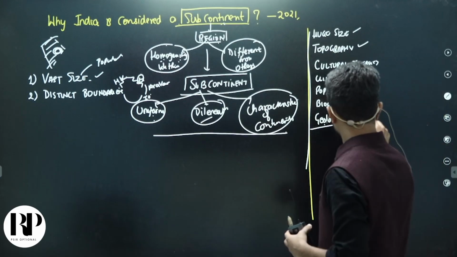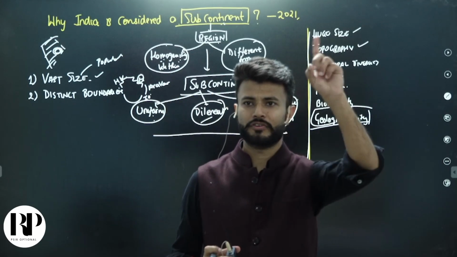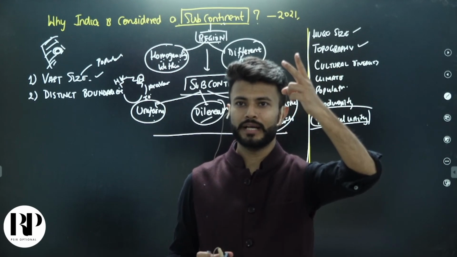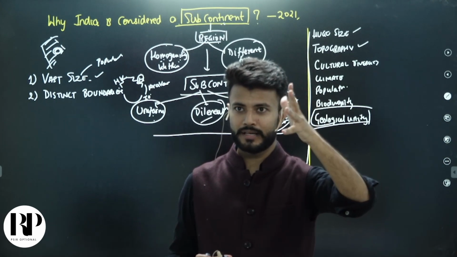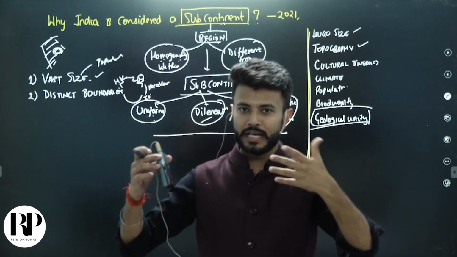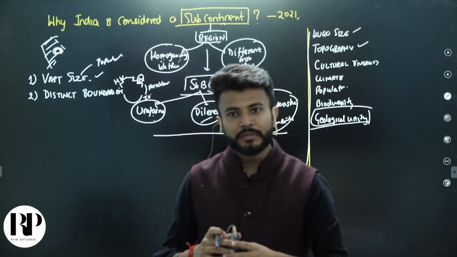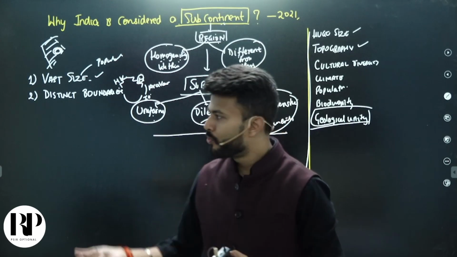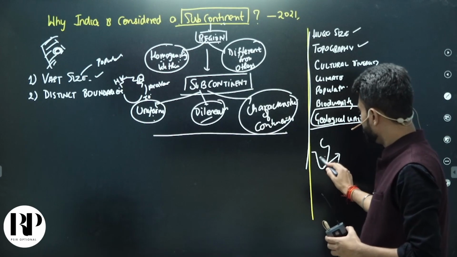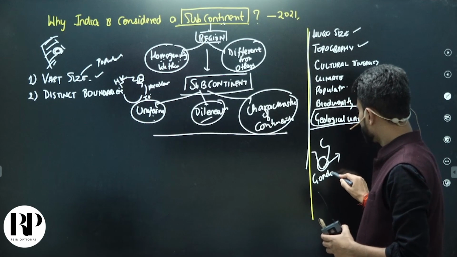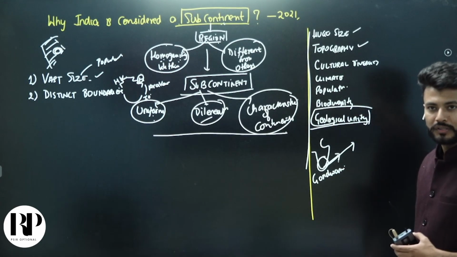Someone said this point, plate geological unity. Remember the names of the plates. So you have Australian plate, North American plate, South American plate, African plate, Eurasian plate. Basically plates are named on the basis of the continents, or the continents are named on the basis of plates, vice versa जैसा भी है. Similarly, you are having Indian plate also. When there was a split of the Gondwana land, Indo-Australian plate started to drift towards the Eurasian plate.